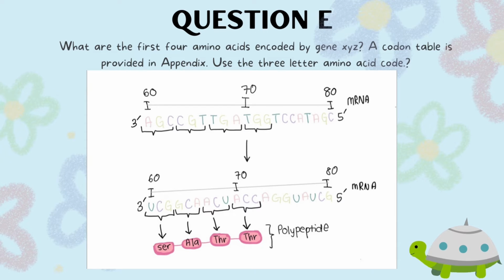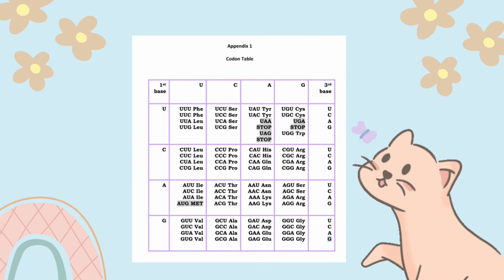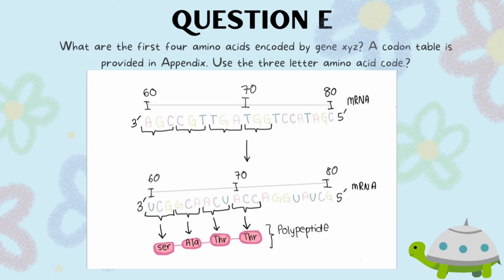Hello, my name is Nurul and I will talk about this question. The question is, what are the first 4 amino acids encoded by gene XYZ? The codon table is provided in the appendix. Use the 3-letter amino acid code. So here's the appendix for the codon table. As the question said, the transcription occurs at position 60.